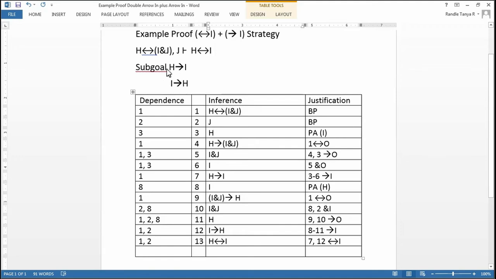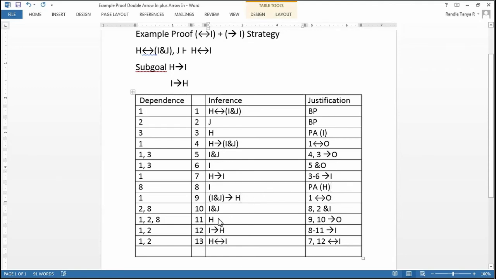Now that I had this conditional, I moved on to try to get my second conditional, being careful not to reintroduce dependence on my first provisional assumption. So again, this time I provisionally assumed I, since it was the antecedent of my conditional. I set H as my subgoal.